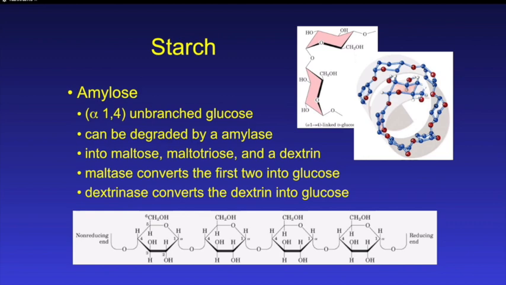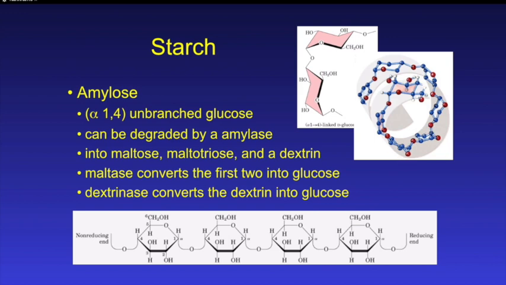It is a homopolymer of glucose. They are all alpha-1,4 bond linkages, and it is straight chained. What's interesting about the structure is that because of the chair conformation, amylose tends to spiral, and that is indicative of amylose.